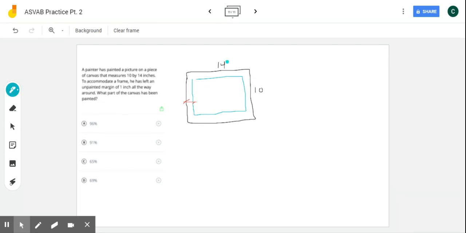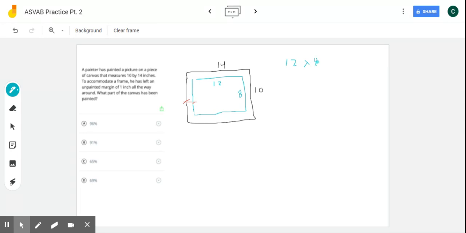This long side, 14, and then if we take out an inch over here and an inch over here, that's 12 inches. And then what I've represented as being the vertical side, 10 minus an inch gives us 8 inches. So the painted area is 12 by 8, which is equal to 96 square inches.